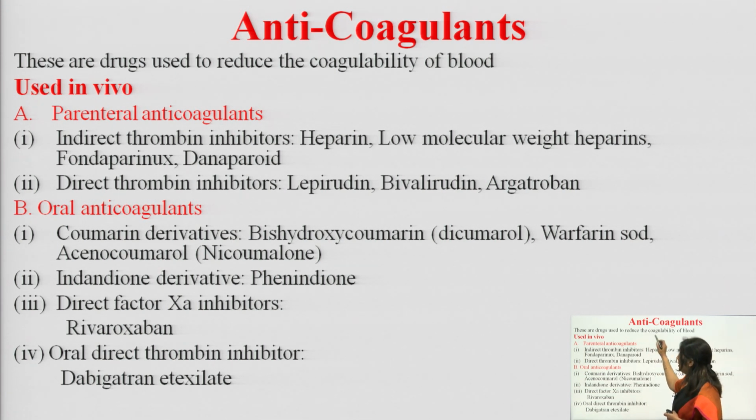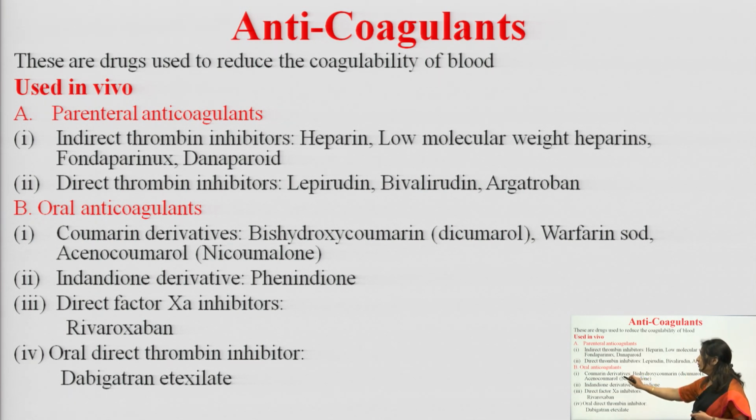In vivo anticoagulants are parenteral anticoagulants and oral anticoagulants. Parenteral anticoagulants include the indirect thrombin inhibitors, of which the most important are heparin and low molecular weight heparin. Direct thrombin inhibitors are lepirudin, bivalirudin, etc.